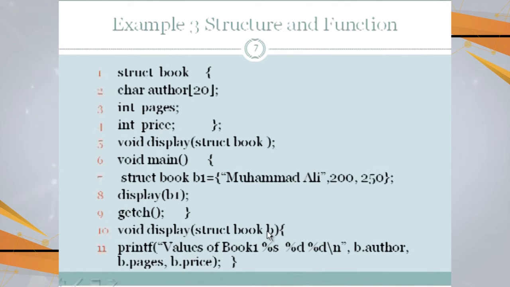That is, author of b will be initialized to b1 dot author, pages of b to b1 dot pages, and price of b to b1 dot price. So inside the display function we will display the values of book 1: b dot author, b dot pages, and b dot price.